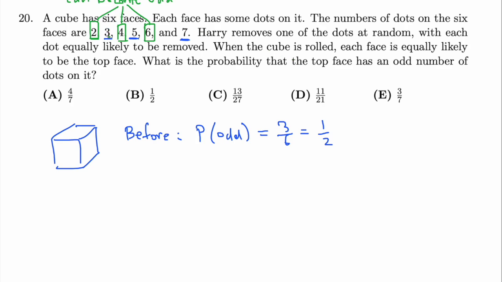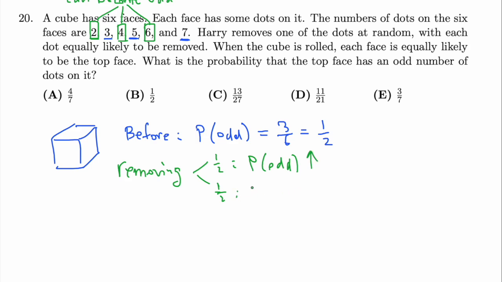So I would say, since the removal is at random, it doesn't change the probability, because you're equally likely to create more odd numbers. Half of the time P odd increases.